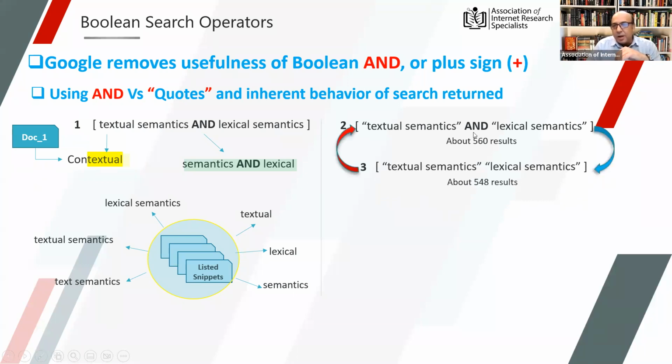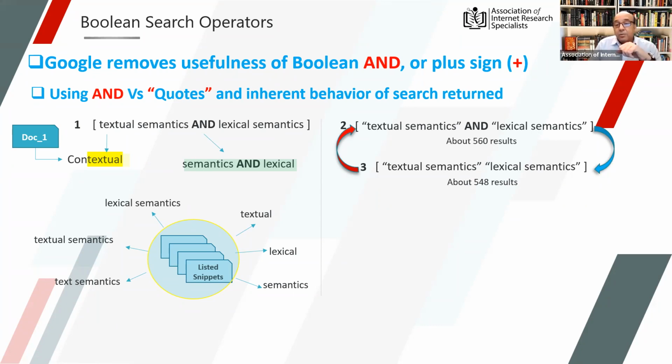All right. So now if I've used the A and D for finding these two terms together, assuming they exist, and it is the correct way of writing the query, nothing to worry about. It is discoverable, and it happens that textual semantics and lexical semantics can be found together on the same page.